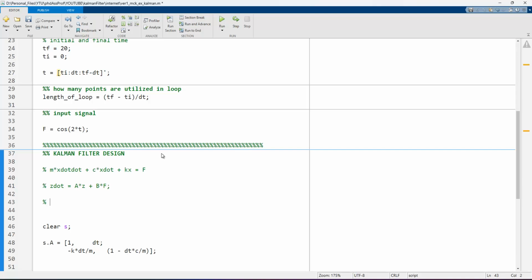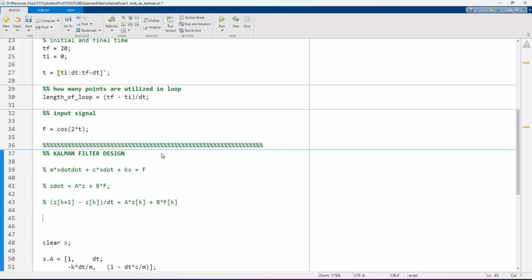In order to discretize these values, z dot is assigned as z k plus 1 minus zk, divided by dt, is equal to A times zk plus B times fk.